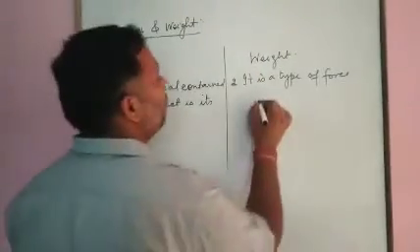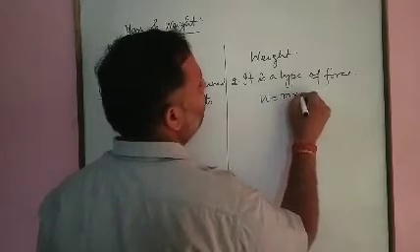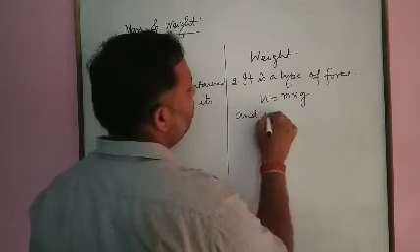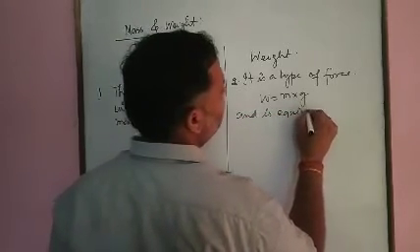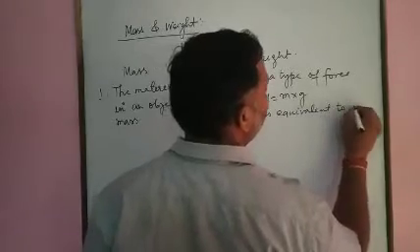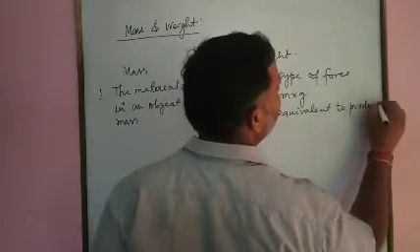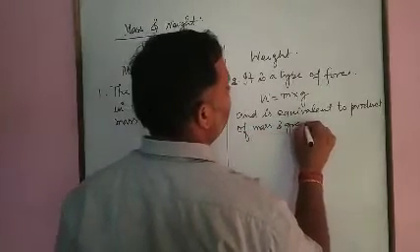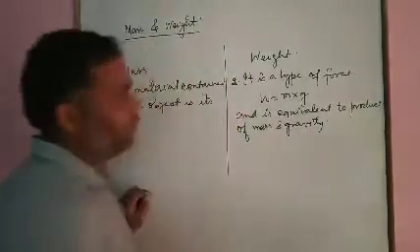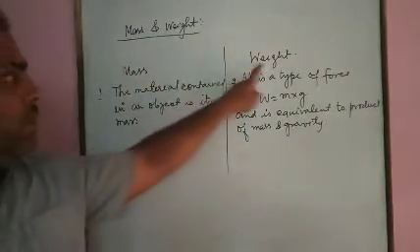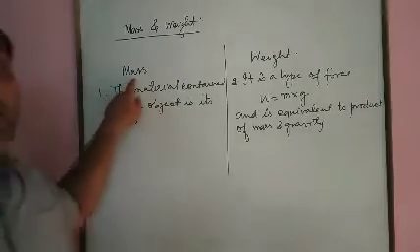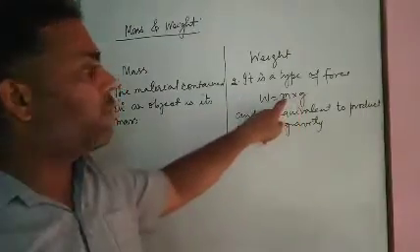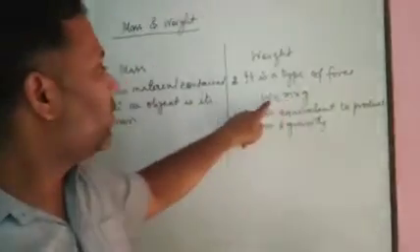It means W equals M into G. It means it is a type of force and is equivalent to the product of mass and gravity. Clear? This one is mass, this is weight. The mass is the material content in an object. Weight, when gravity acts on mass, then we get a force that is termed as weight.